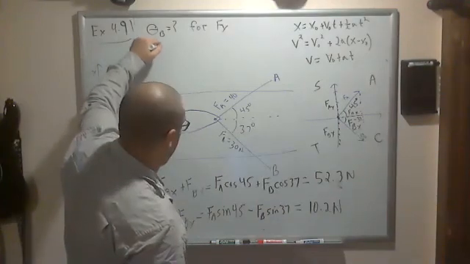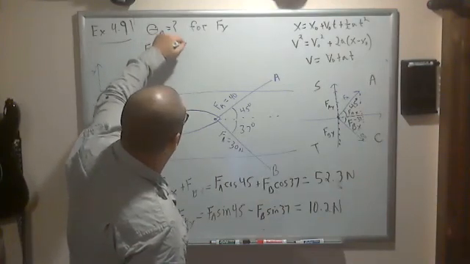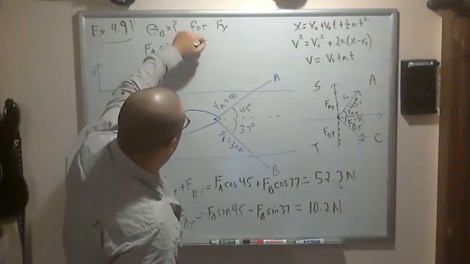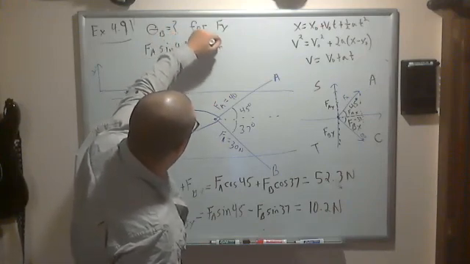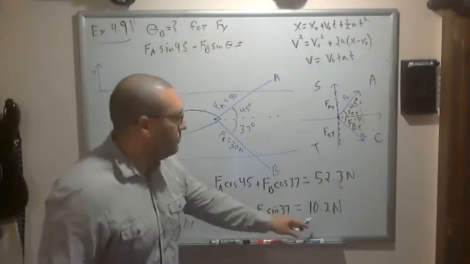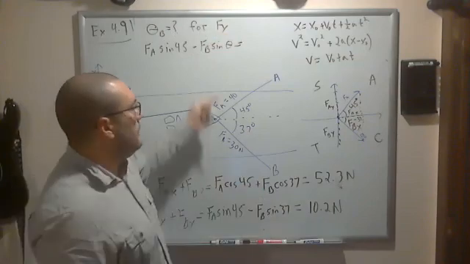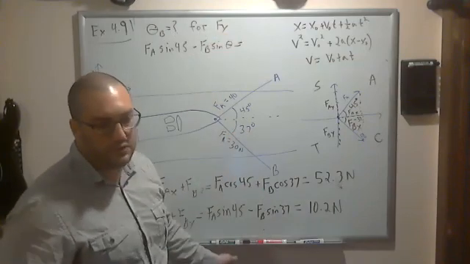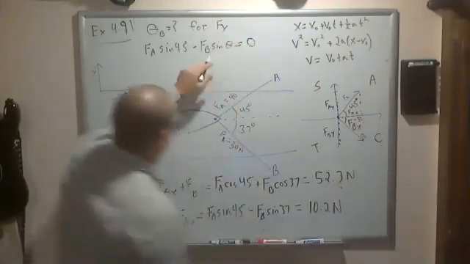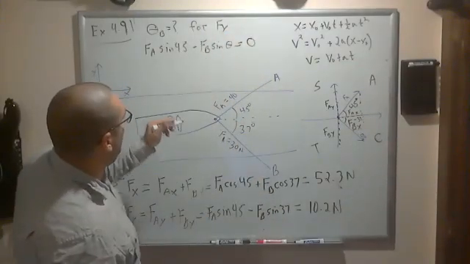So we'll have sine 45, we'll keep this angle constant, minus FB sine theta. Now the critical part, what's the total force if we don't want any acceleration in the y direction? 0. So then we set this to 0, and then we can find our angle.